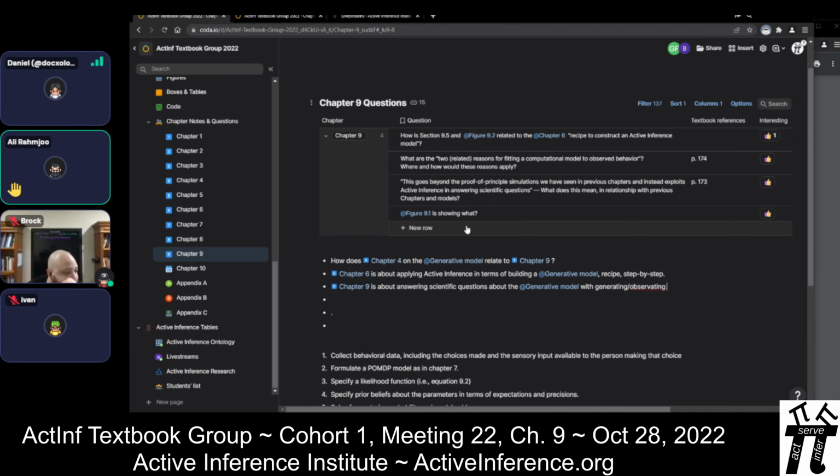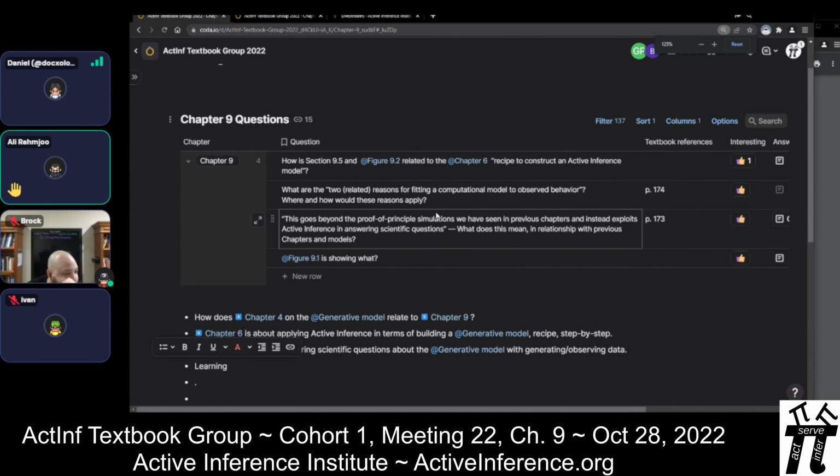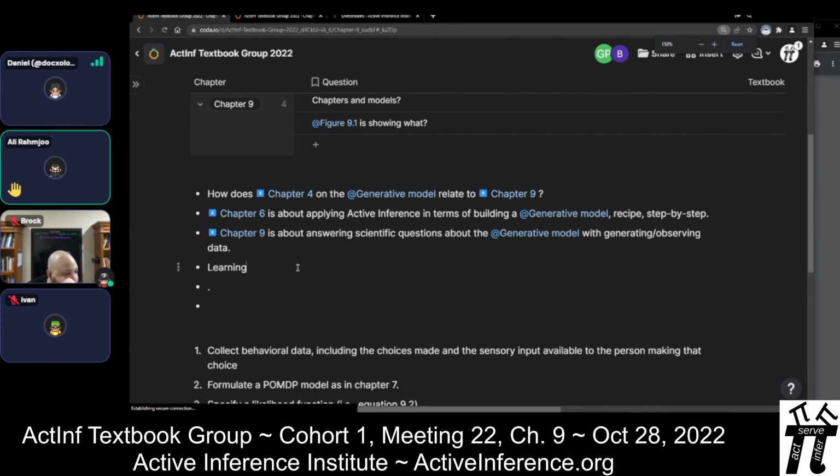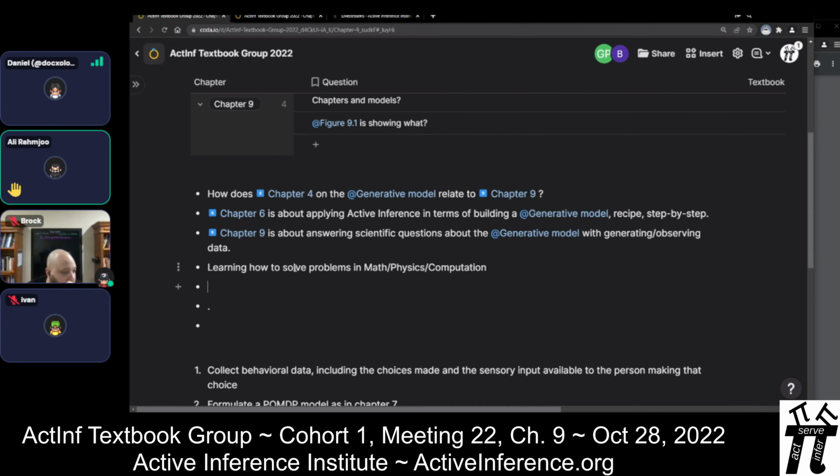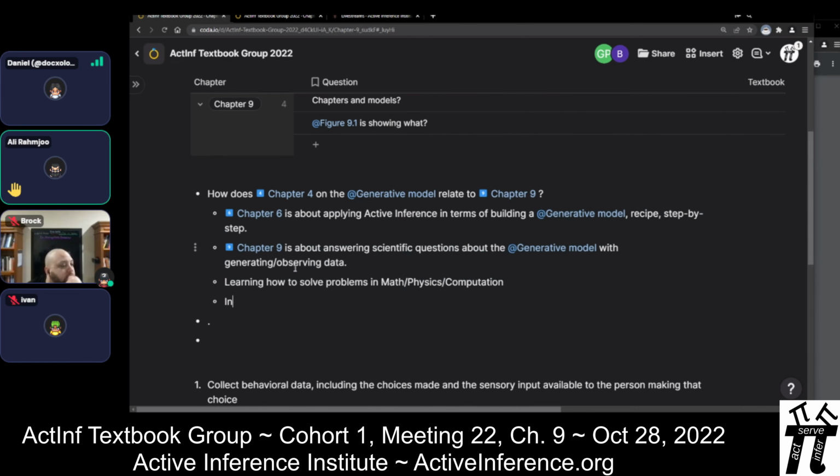Yeah, actually, I would compare it to learning how to solve problems in mathematics or physics or other areas. For example, in Chapter 4, we acquired some necessary prerequisite knowledge about how to think about the phenomena or the problem we're dealing with.